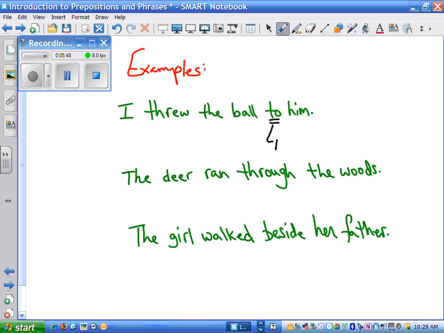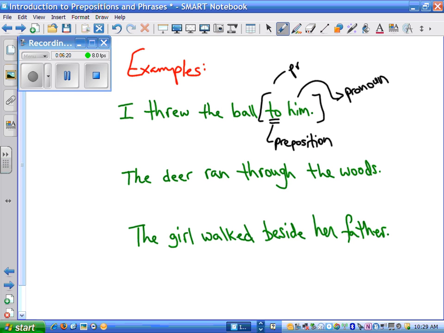To is our preposition. And then him concludes our prepositional phrase. Him, of course, is a pronoun. It's in the object place, so we have the objective form of the pronoun. But for now, just remember that it's a pronoun.